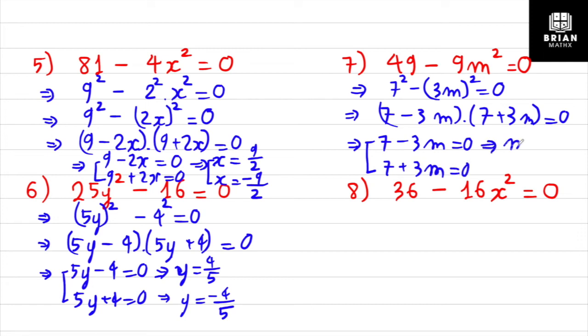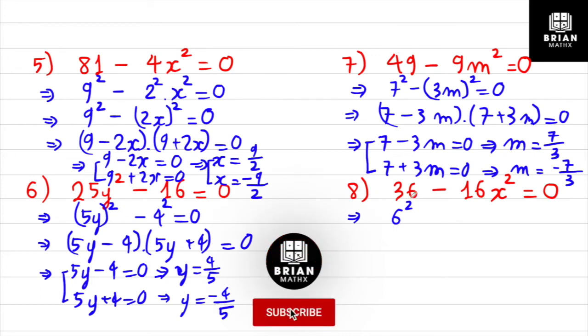For this one, you got m equal to 7 over 3. For the next one, m equal to negative 7 divided by 3. Yeah, we done. Question 8, 6 square, of course, 4x inside bracket square.